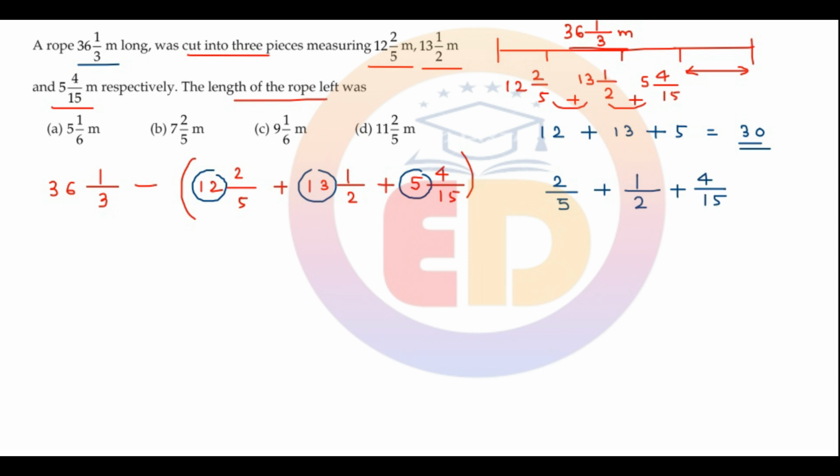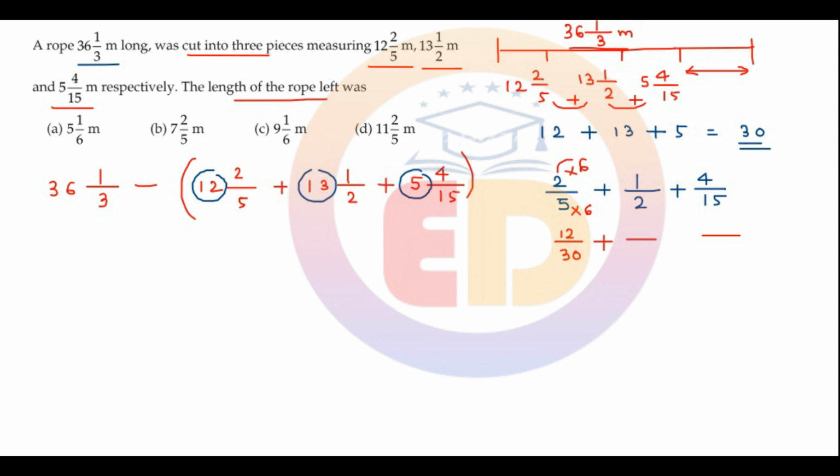Now all the three are unlike fractions, so I have to convert them to a common multiple. A common multiple of 5, 2 and 15 is 30. Let us convert all the denominators to 30. To convert 5 to 30, multiply by 6 and multiply the numerator also by 6. 2 into 6 is 12 and 5 into 6 is 30.